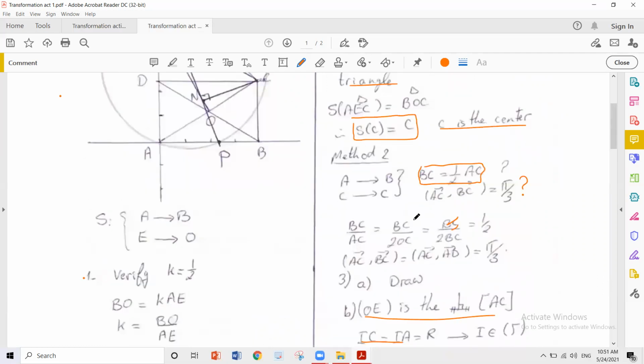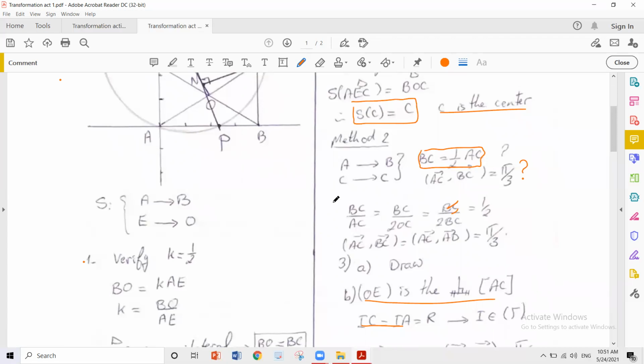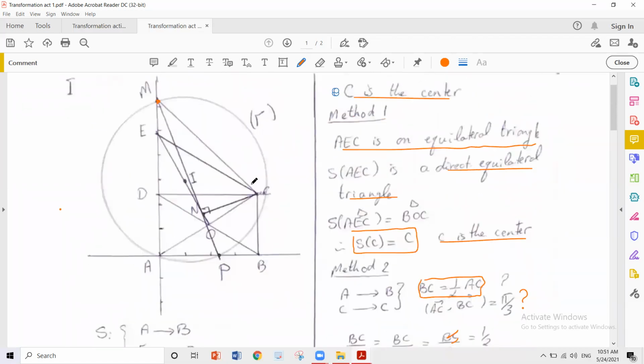Why perpendicular bisector? First, EAC is equilateral. O is the midpoint of AC. So EO is a median, and the median in an equilateral triangle is also the perpendicular bisector and the height. So EO is the perpendicular bisector of AC, then IA equals IC.